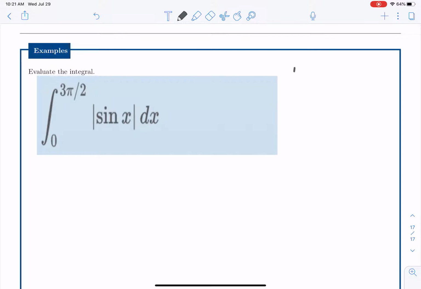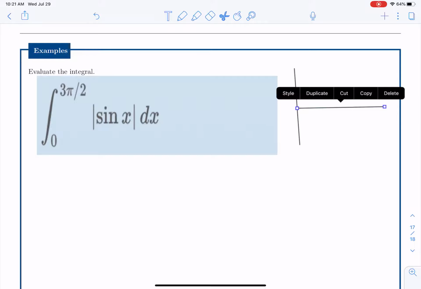If I could only draw a straight line. Okay, that's good enough.